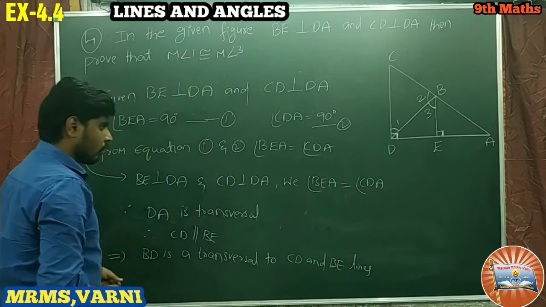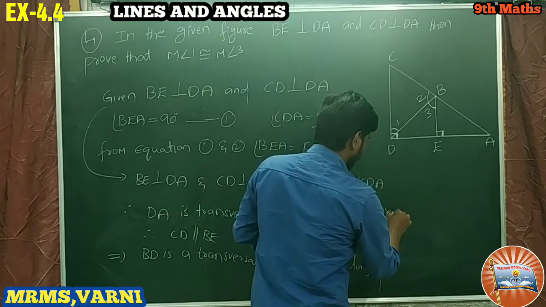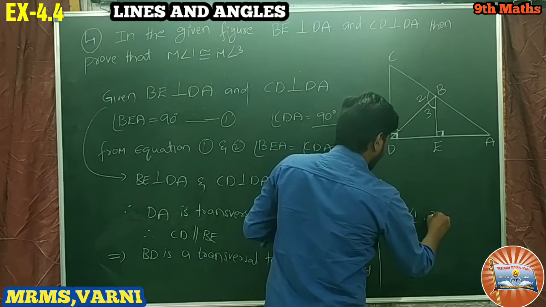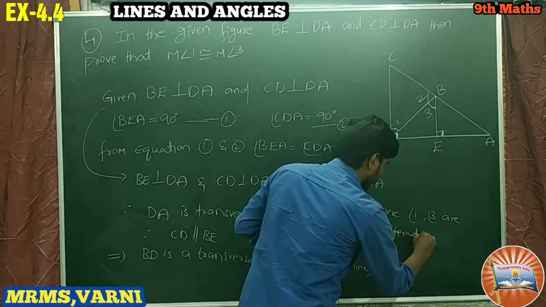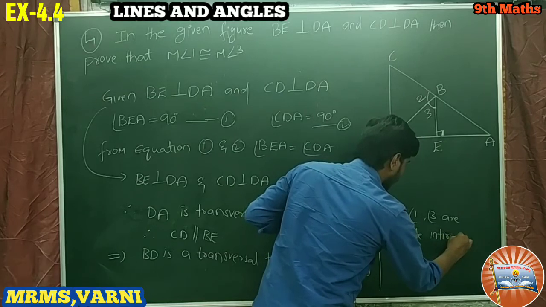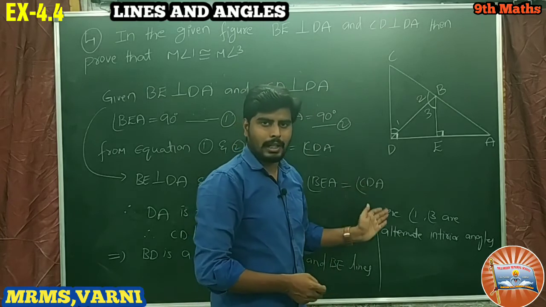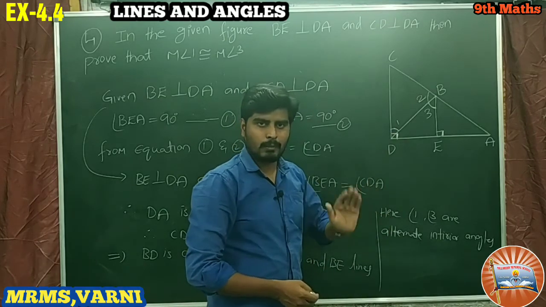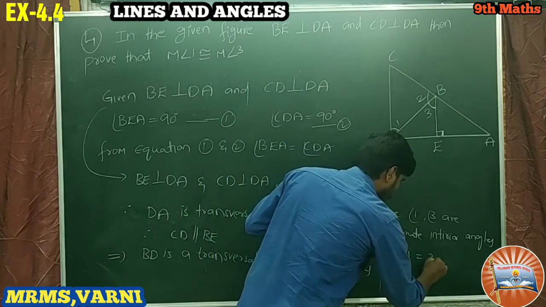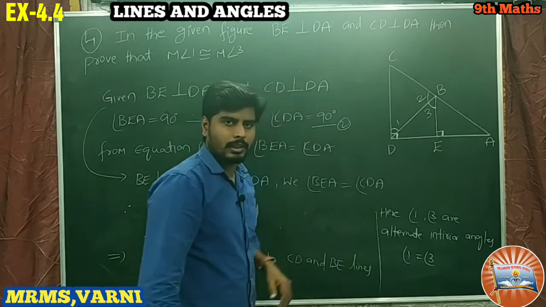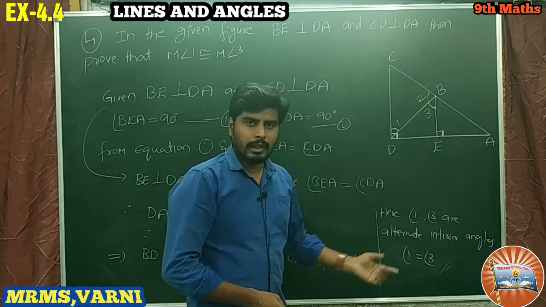So I am writing here: angle 1, angle 3 are alternate interior angles. Alternate interior angles in parallel lines intersected by a transversal are equal. We know that already. So from that we can write angle 1 is equal to angle 3. Is it clear? We had to prove this only. This is our required answer.